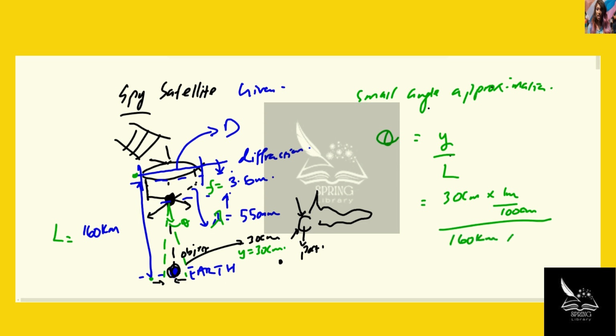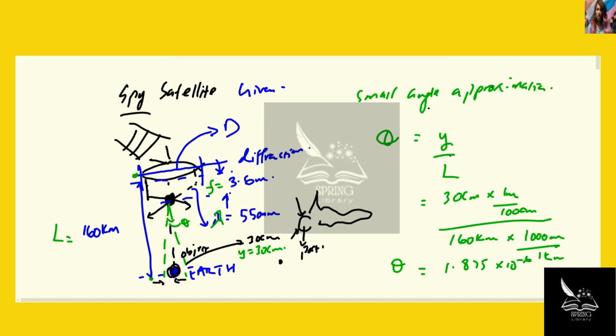We want to change that to meters: 1 kilometer is 1,000 meters. This is going to give us a theta of 1.875 times 10 to the negative 6, in radians.